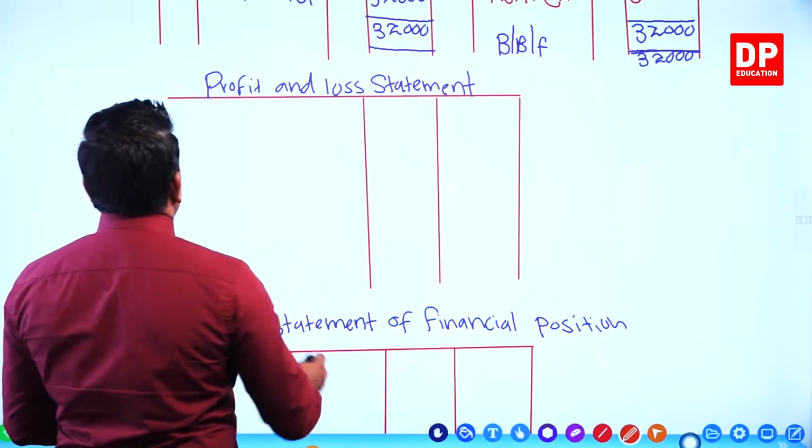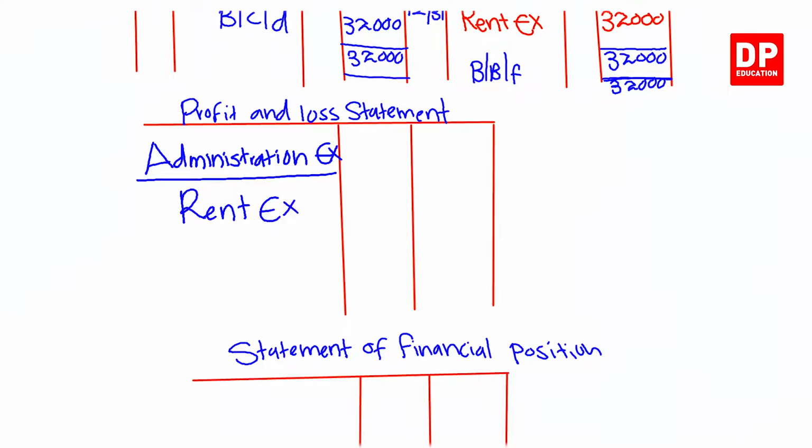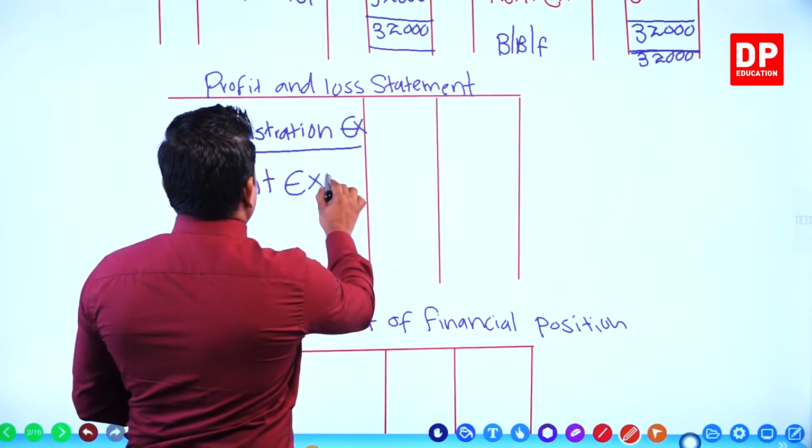So in the profit and loss statement, you write administration expense. Under this you write rent expense. How much is the rent expense?